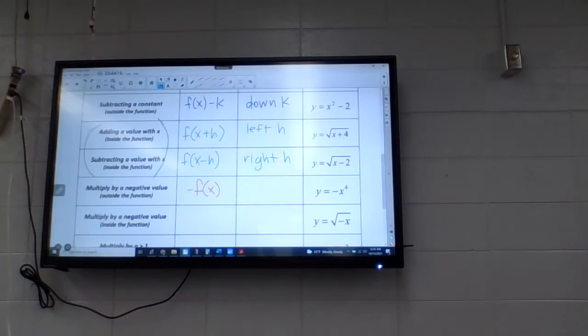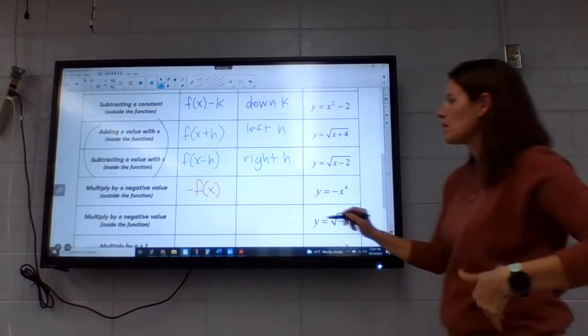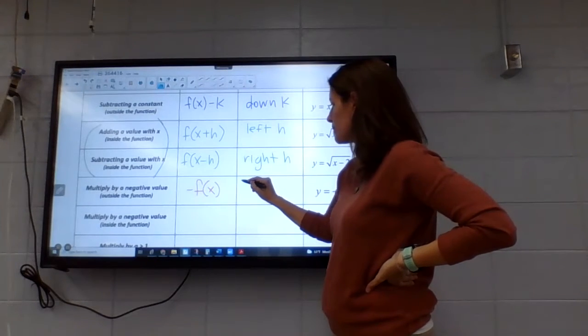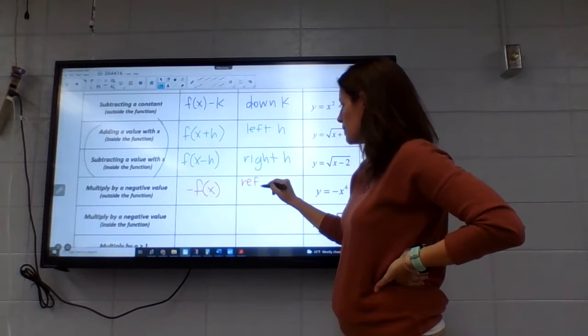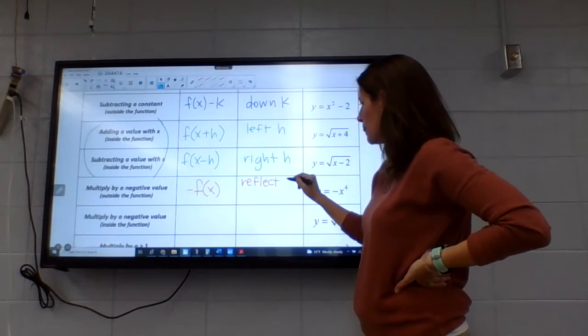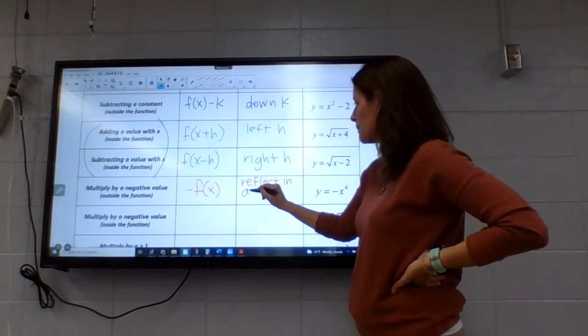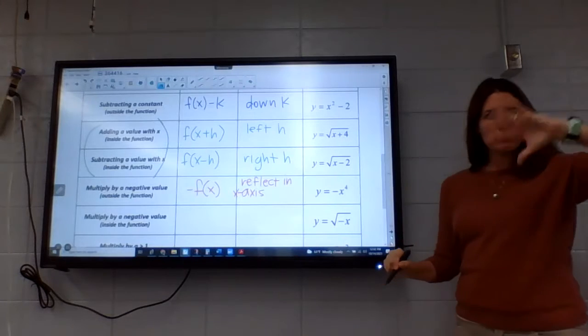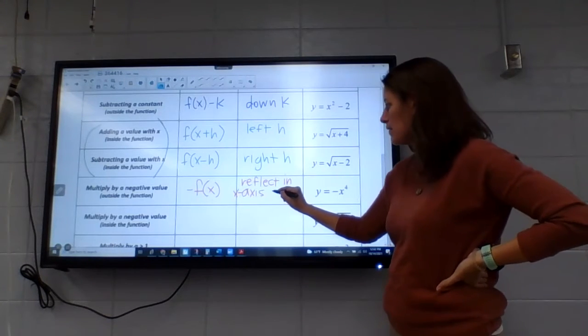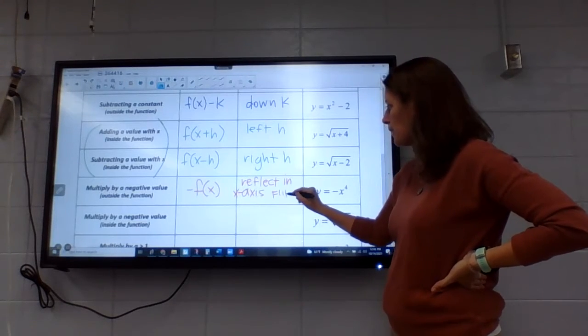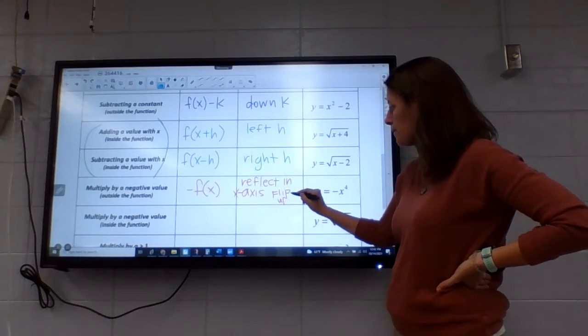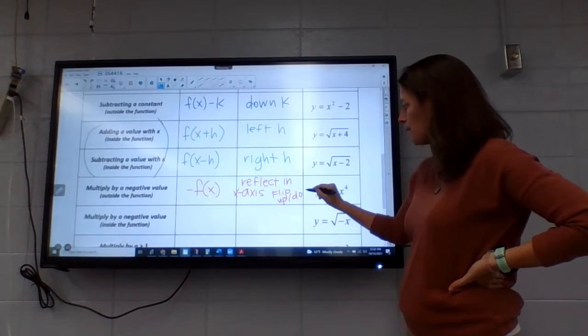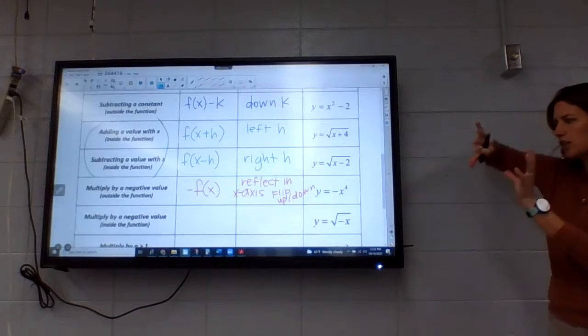So that's going to flip the graph down over the x-axis. I usually say flip up or down is the way I think of it. So whatever it was doing before, it's just going to flip.